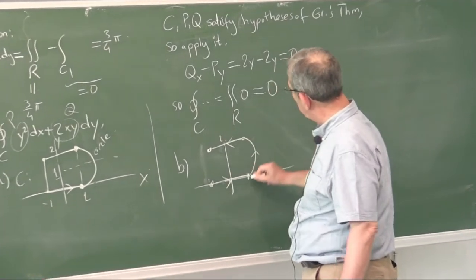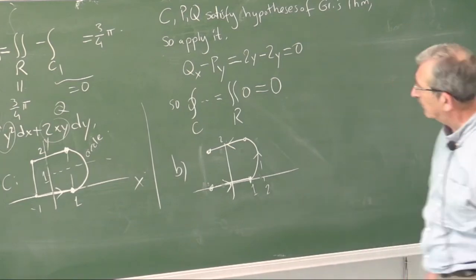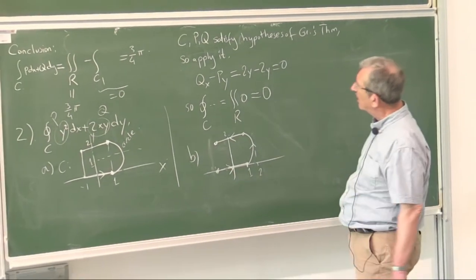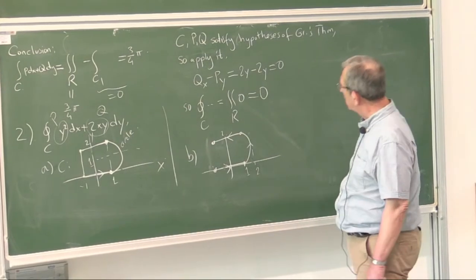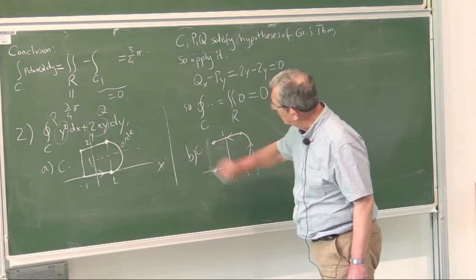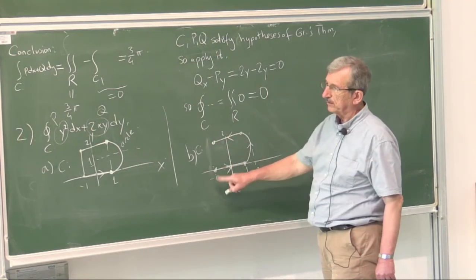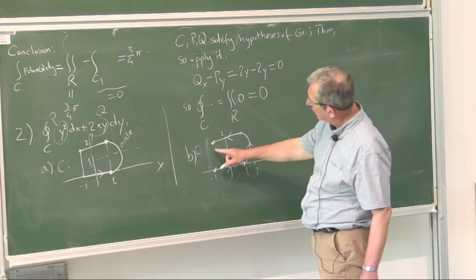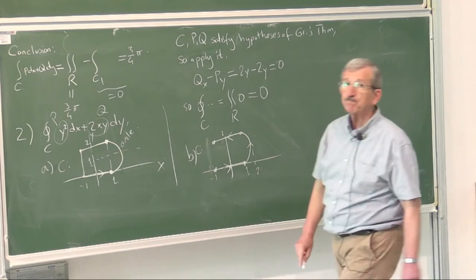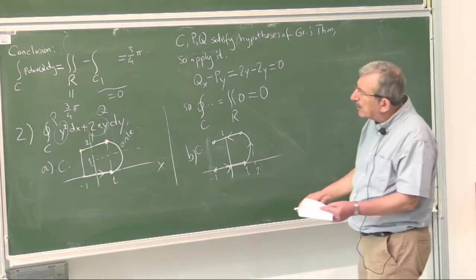Again, 2 and 1 and 2 here, etc. Now, what does all this say? Well, C is a curve which starts from minus 1, 0, to minus 1, 2, following this path.